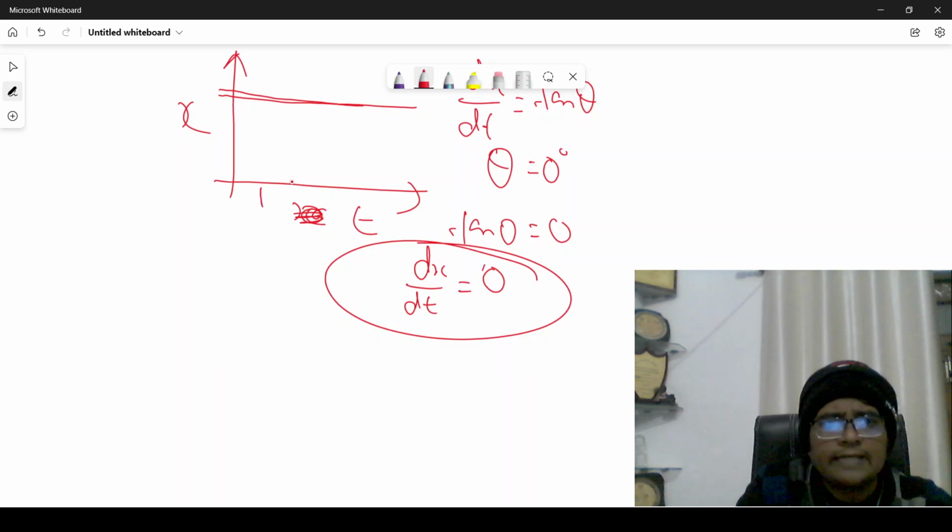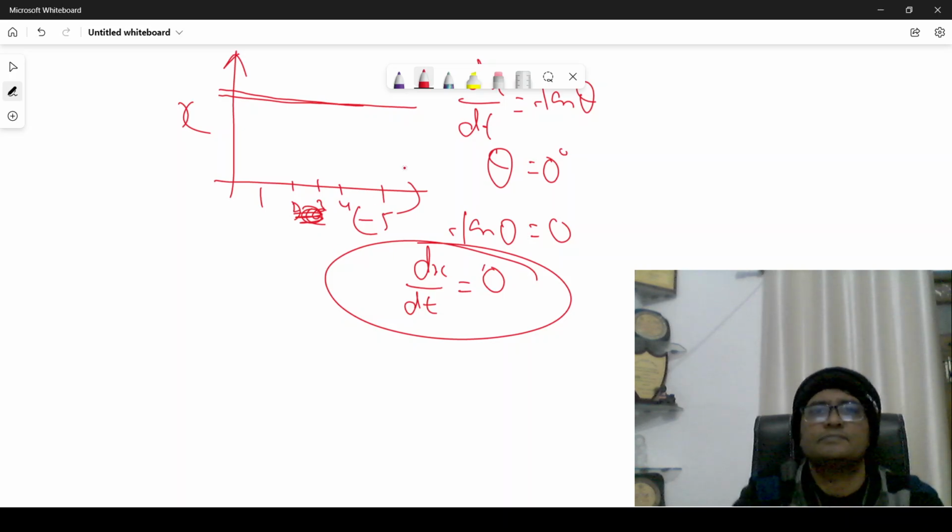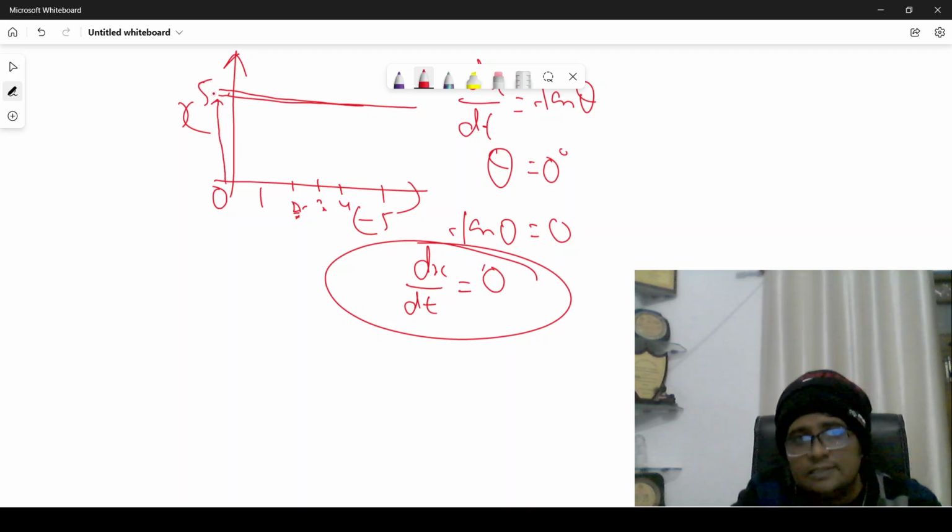At t is equal to 1, at t is equal to 2, at t is equal to 3, at t is equal to 4, at t is equal to 5. We have got from 0 to 5. You are standing from here at 5 meter distance, and you are at the same position all along the interval of the time. पूरे टाइम आप वहीं पे खड़े रहे हो.